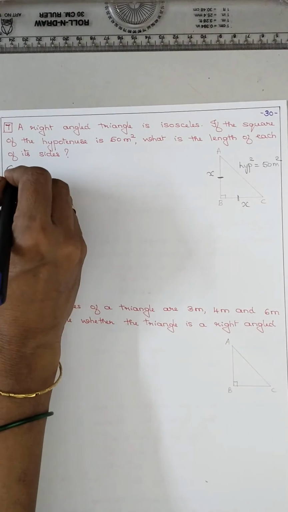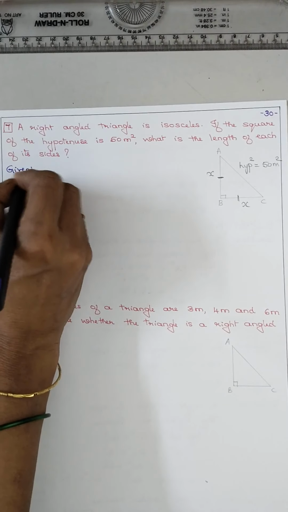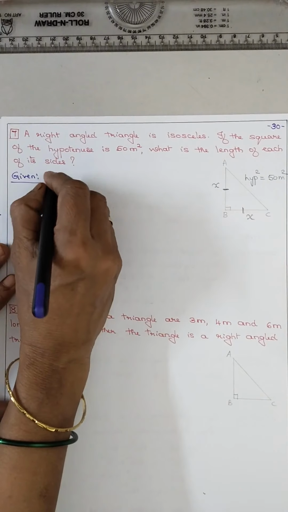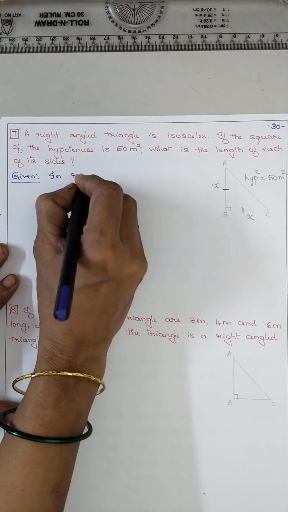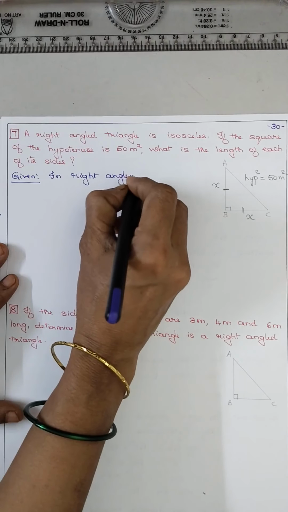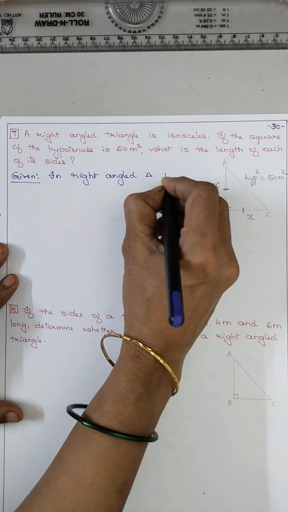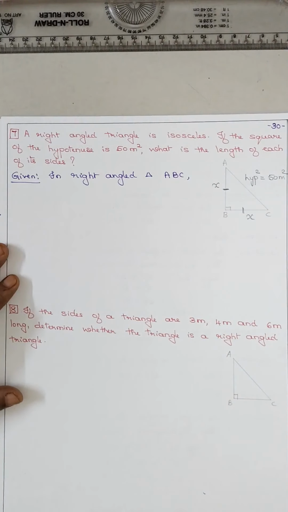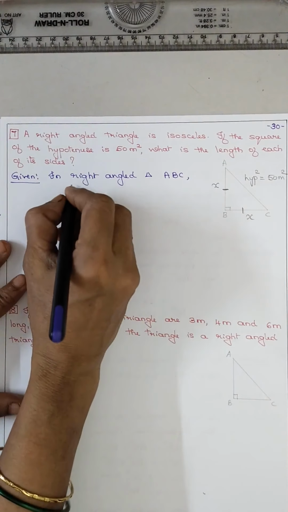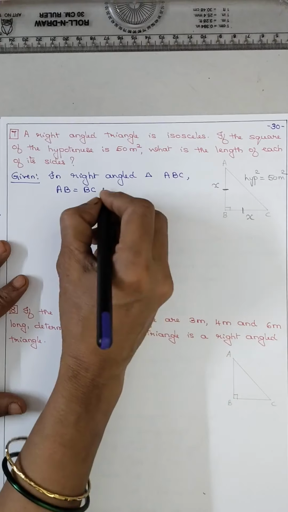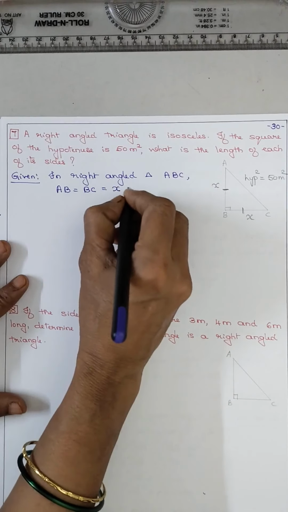So given, according to the figure, in right angled triangle ABC, it is isosceles. So AB is equal to BC, let it be x meter.